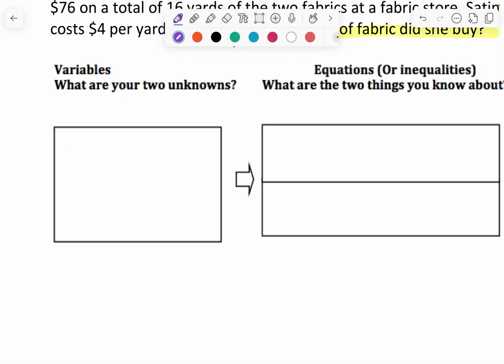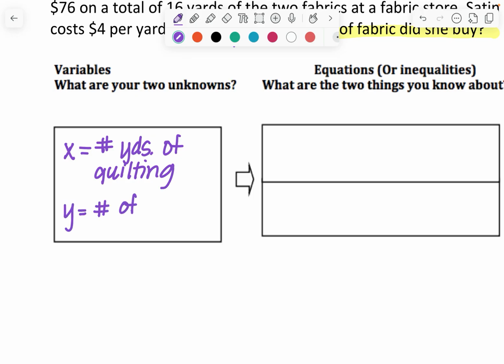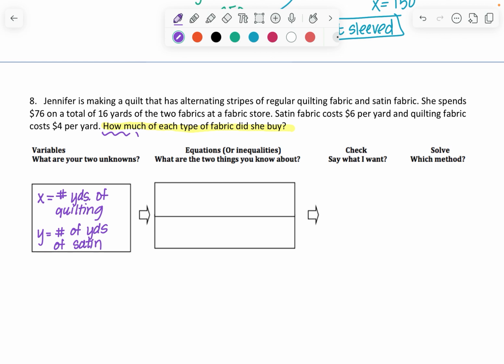So I'm going to let x equal the number of yards of quilting. I'm going to let y equal the number of yards of satin. So the amount of the two types of fabrics is what we are looking for here.